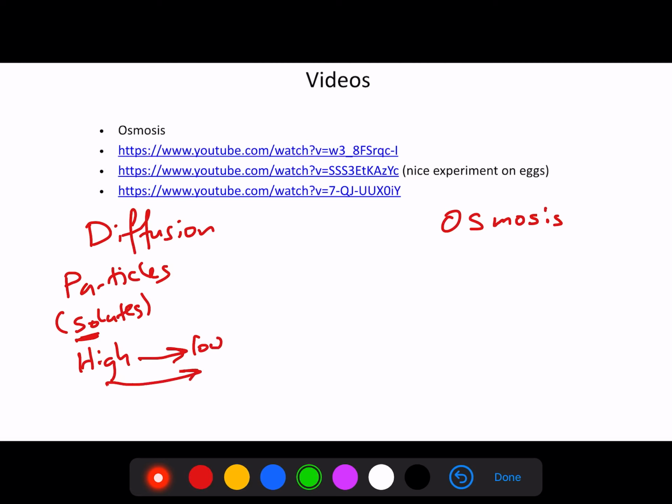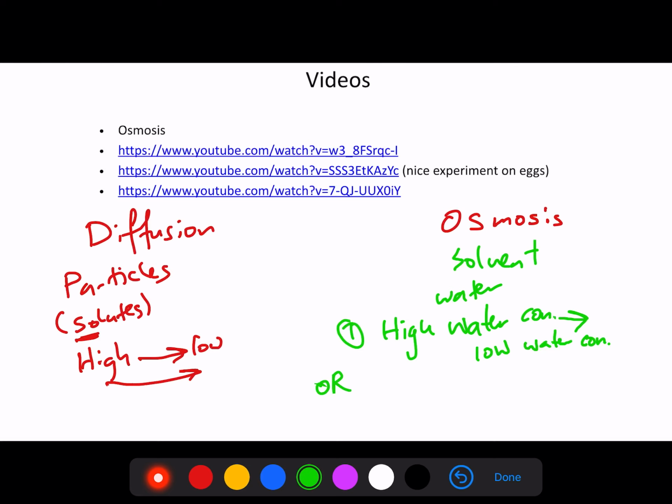For osmosis, we are now talking about the solvent, which in most cases is water. And we can look at water's movement in two ways. Either it's moving from areas of high water concentration to low water concentration, or from low solute concentration to high solute concentration.